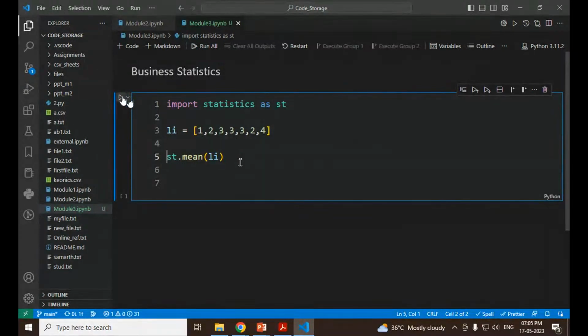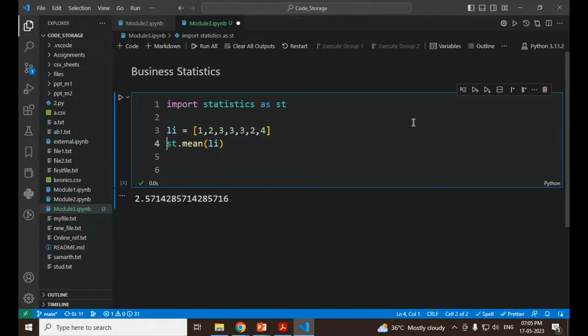Okay, there is an ipynb name. Let's try this. So we have 2.57. We have 9 numbers added.